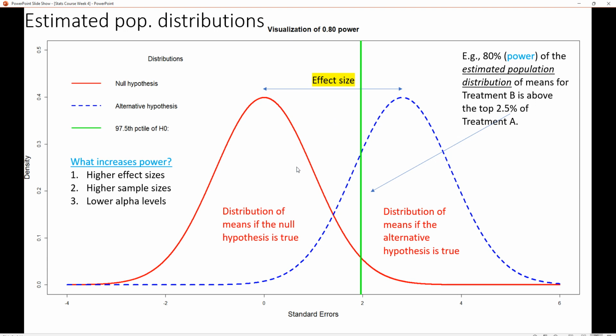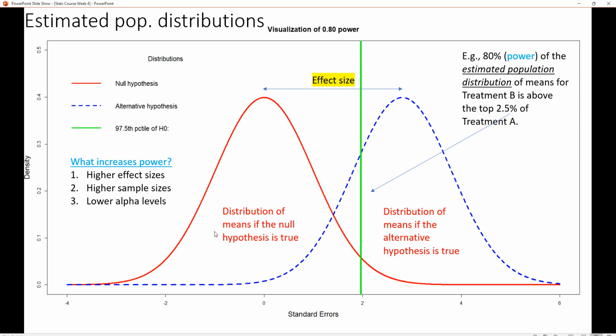Or another way to look at it is the bigger the difference between your first group and your second group. Another thing that increases power is having higher sample sizes. As we get bigger sample sizes, these distributions become more and more narrow, so there's less overlap between the two.